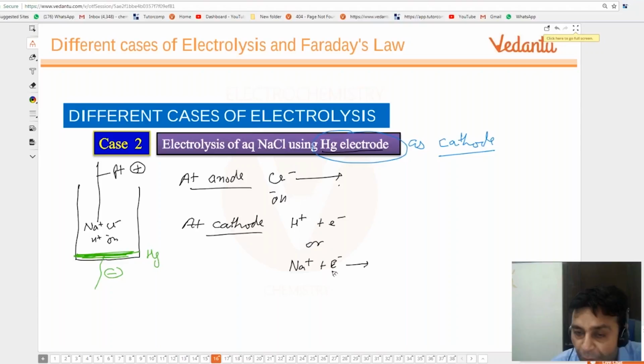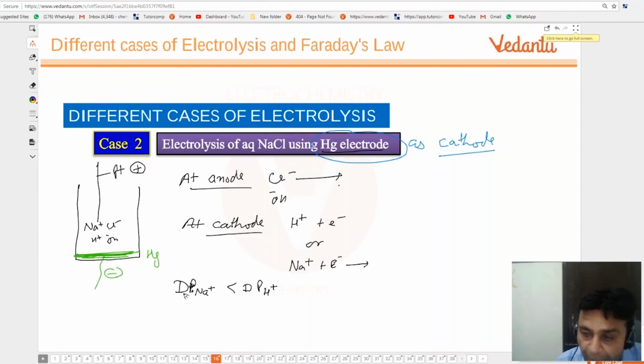But in case we are using mercury, you know that sodium, if reduced, will make an amalgam with the mercury. Sodium mercury amalgam will be formed, an alloy will be formed. So we say when we use the mercury here, the discharge potential of the sodium ion is less than the discharge potential of the H positive ion.